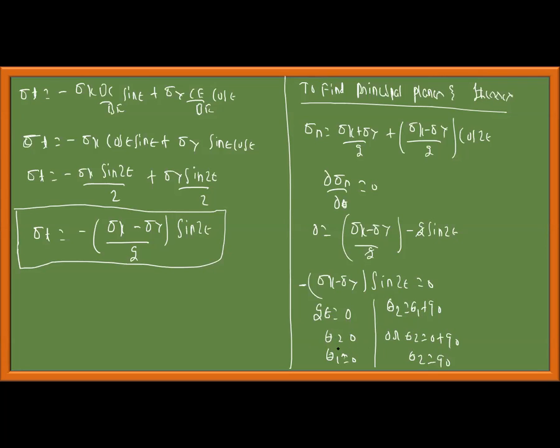Okay, now we got the planes, these are the principal planes. Principal planes exist at theta 1 is equal to 0 and theta 2 is equal to 90 degrees.